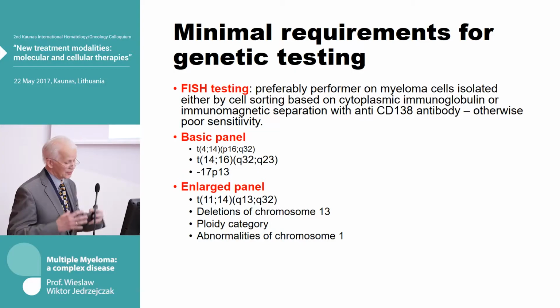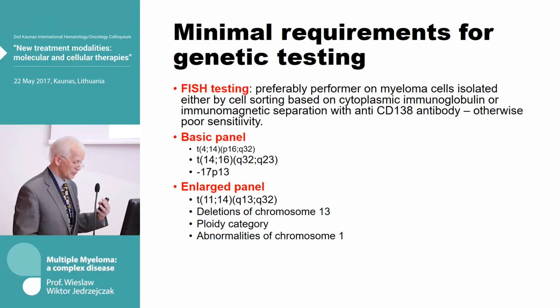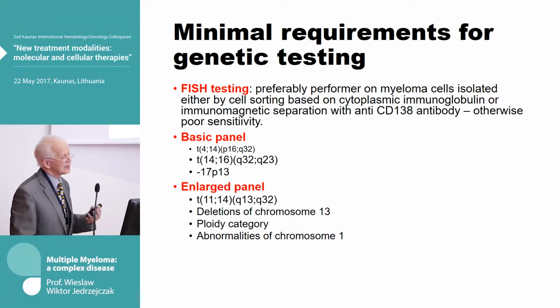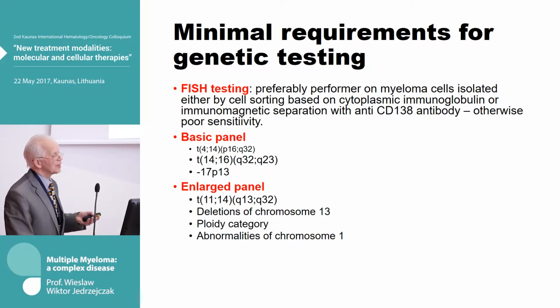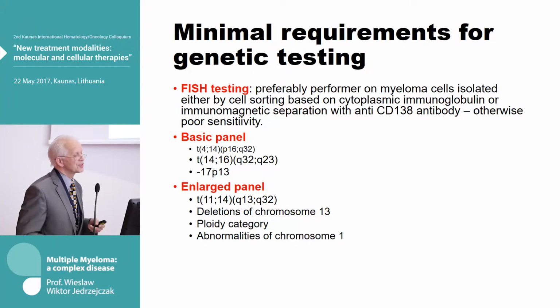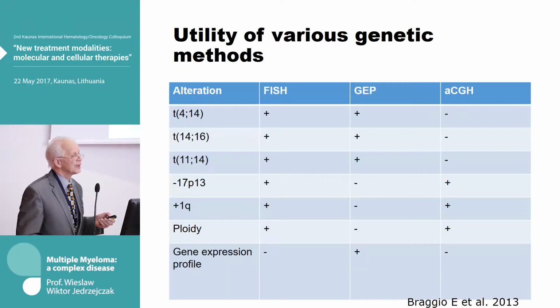Generally, in order to define these genetic risk factors, it is necessary to perform analysis, and it should be performed at least by FISH testing if more advanced techniques are not available.